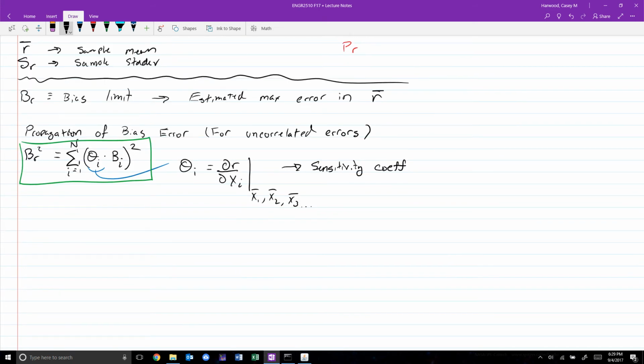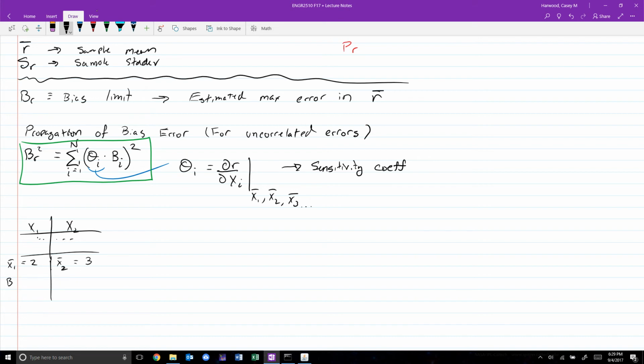So let's go ahead and run through a very simple example calculation here. Let's say you're given x1 and x2. I'm not going to list any numbers here, but let's say that you're able to calculate that x1 bar is equal to 2, and x2 bar is equal to 3.